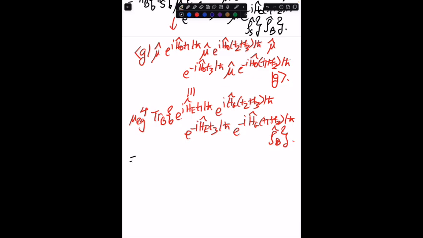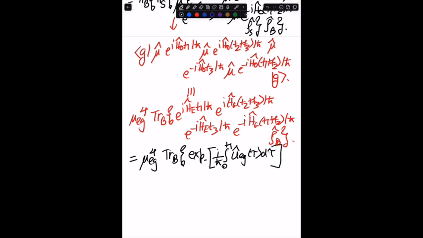And then this gives us mu_eg to the power 4 trace over the bath. The first term can be written as e raised to the power i omega_eg t1. Again, please be careful with the ordering. The negative time ordered exponential will come first, the integral from 0 to t1 of U hat_eg(tau) d tau.